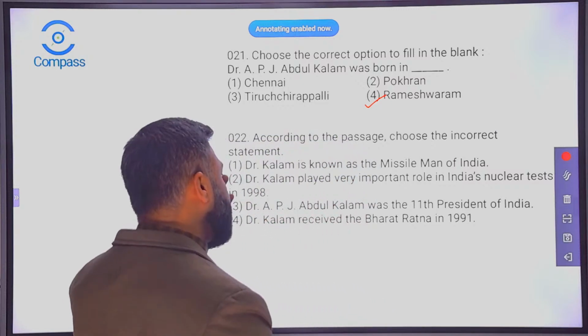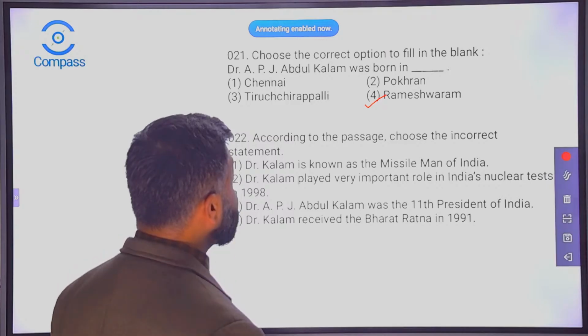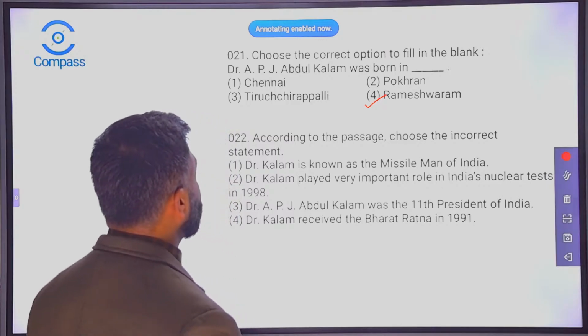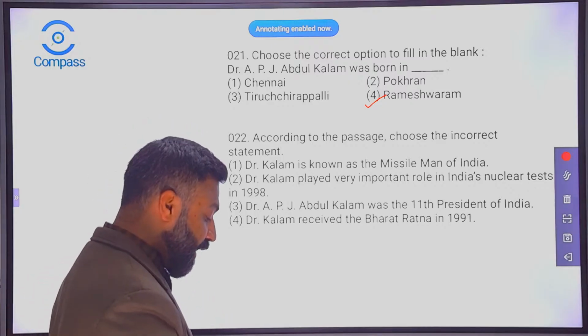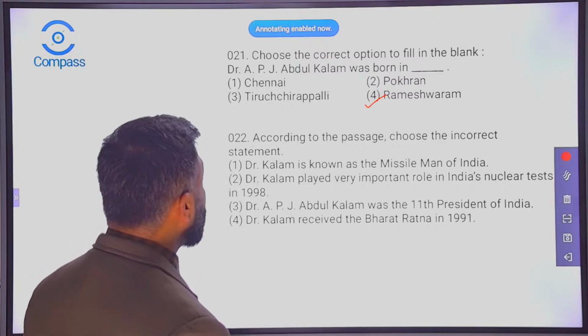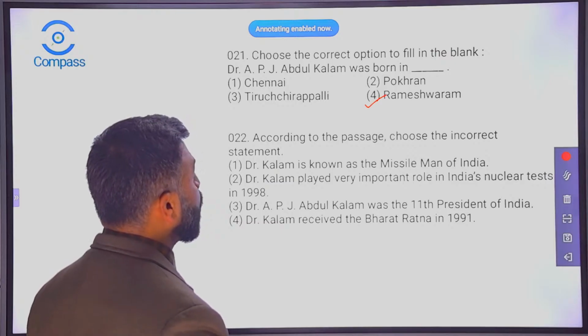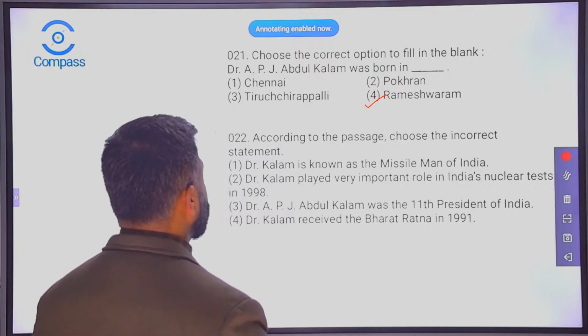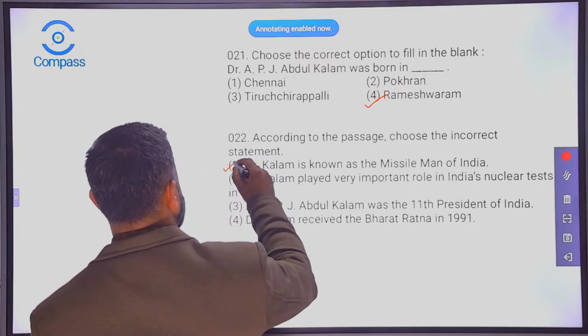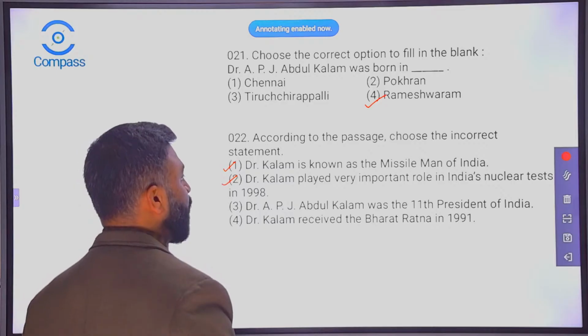Okay. Question number 22. According to the passage, choose the incorrect statement. Dr. Kalam is known as the Missile Man of India. Dr. Kalam played a very important role in India's nuclear tests in 1998. So these two are true.